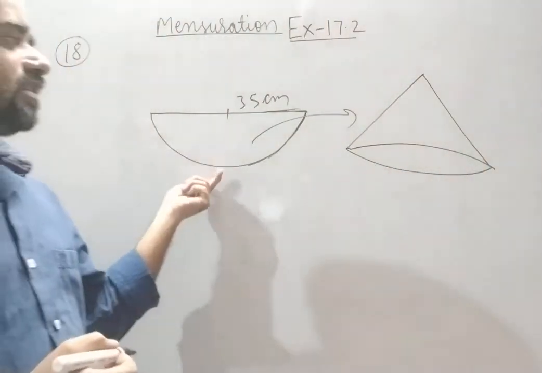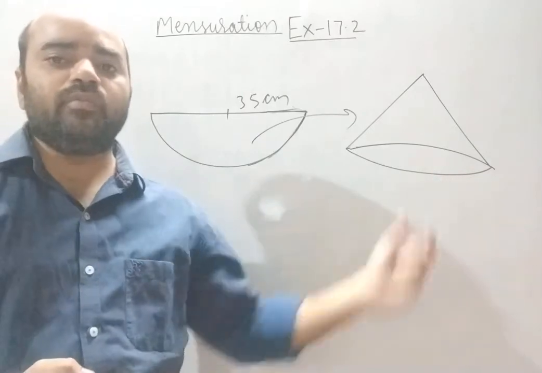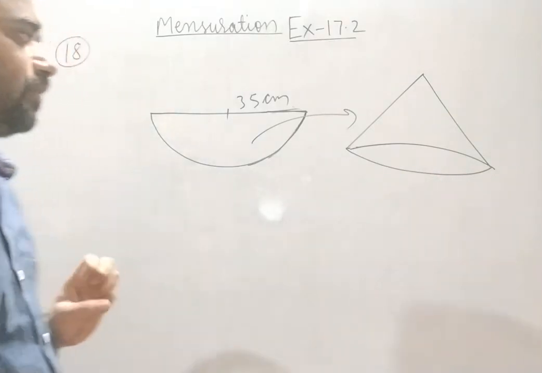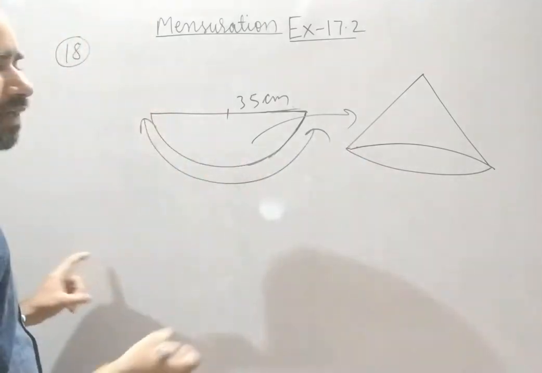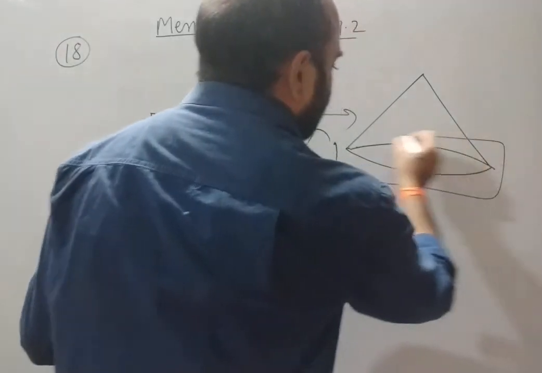So whenever a sector is folded to make a cone, what will happen? The length of arc will become the perimeter of the base.